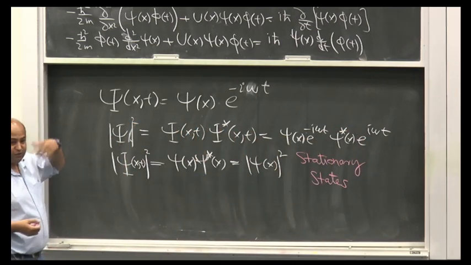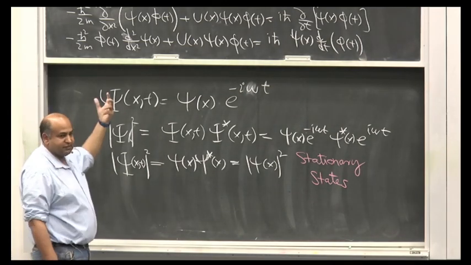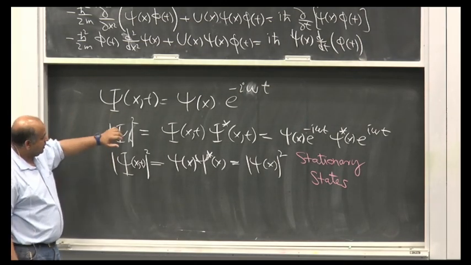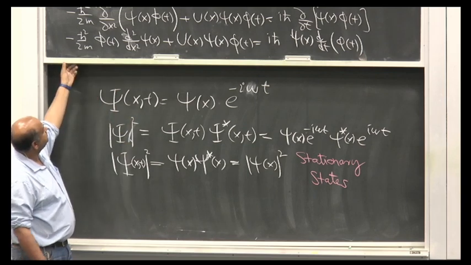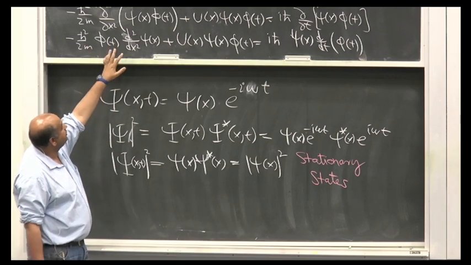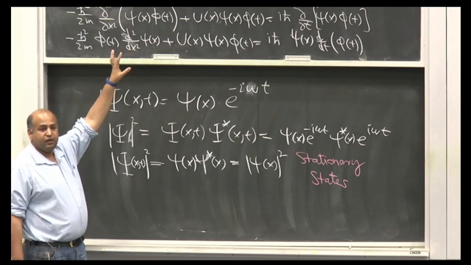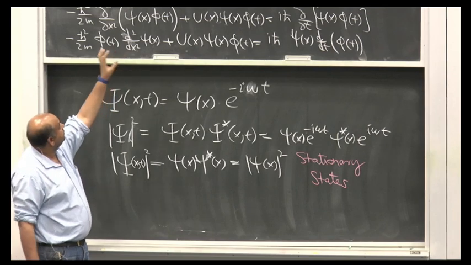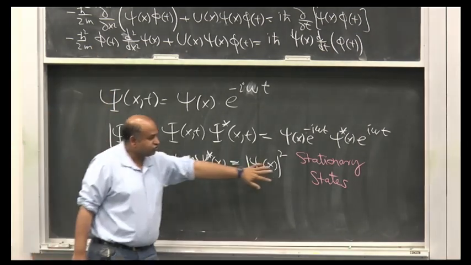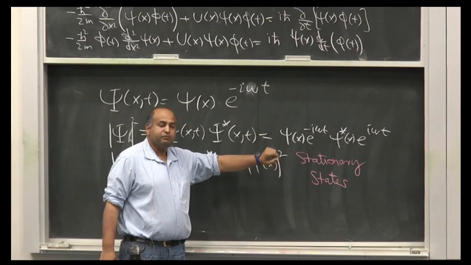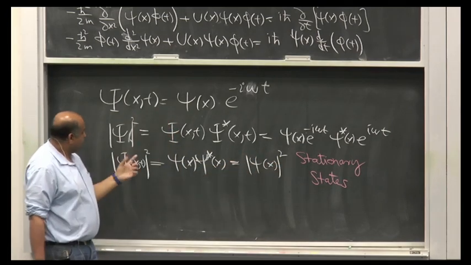I'll see if I can do a little simple thing regarding that or not. So the solutions of the one-dimensional problem for separable wave functions are called stationary states because the probability, not the function itself.